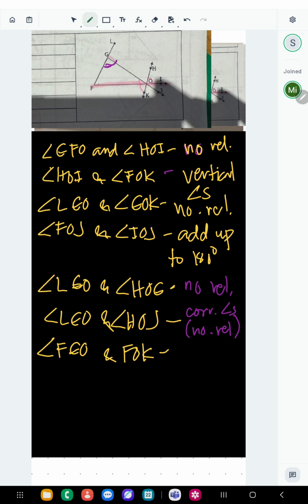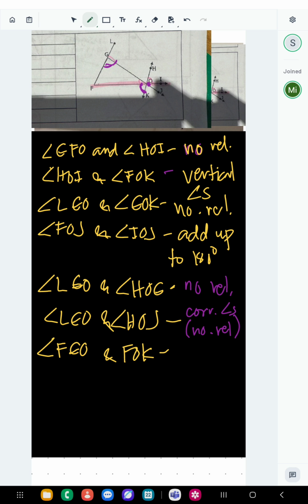Yeah, it's weird. This one is FOK. But when you look at FGO, where is O there? Yeah, it should be FGJ, right? Maybe you can ask your teacher.